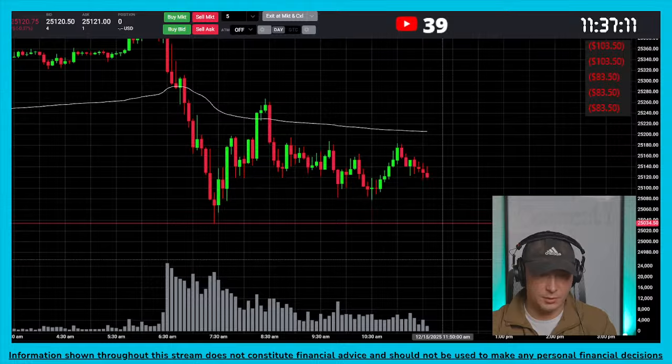Nvidia did gap up, but yeah, doesn't look too pretty there. S&P's holding pretty well, but NASDAQ's selling off a bit.